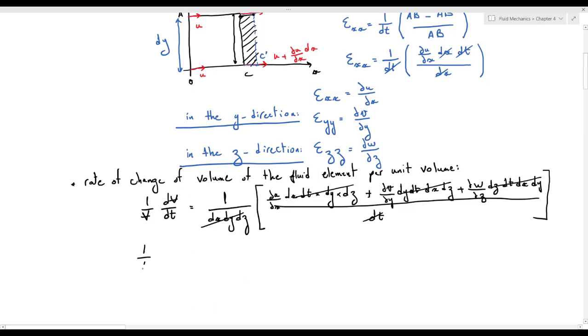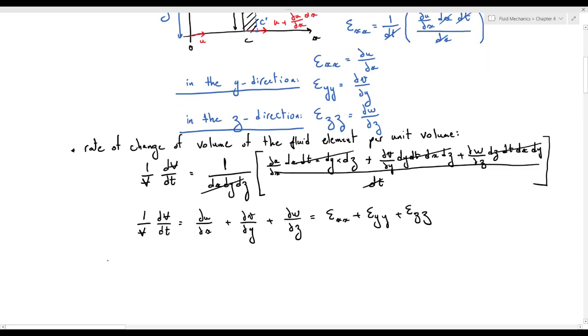So 1 over V dV over dt is just equal to del u over del x plus del v over del y plus del w over del z. In other words, it is equal to epsilon xx plus epsilon yy plus epsilon zz, the summation of the linear strain rates in the 3 directions.